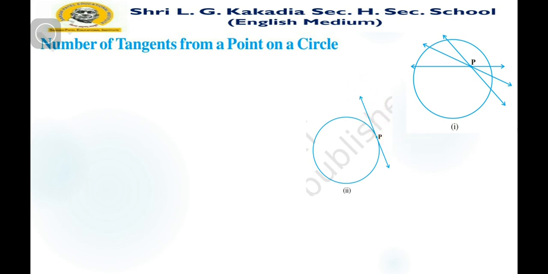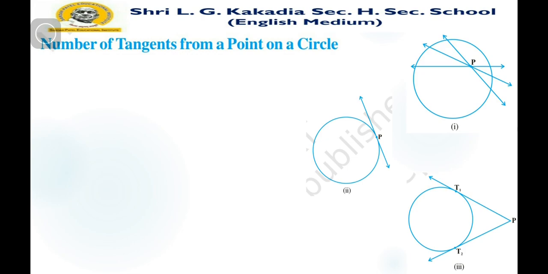And if we take a point outside the circle, here we find two tangents, PT1 and PT2. So from a point outside we can draw two tangents to a circle.